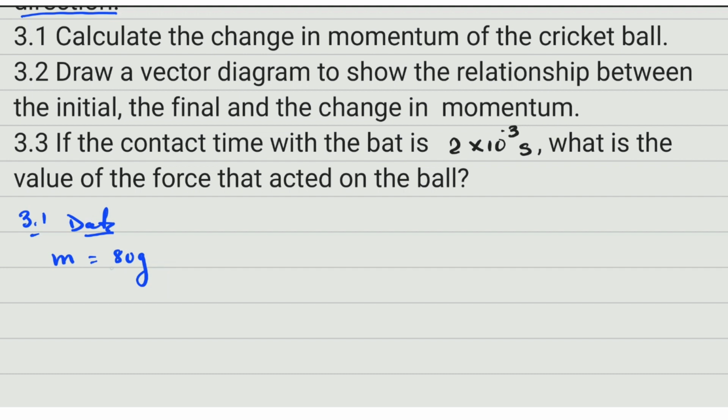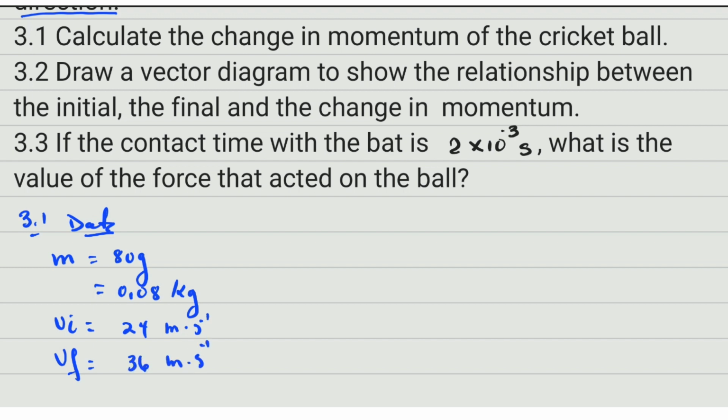Remember, you have to divide by 1,000, so the answer is 0.08 kilograms. Now we have that the initial velocity is equal to 24 meters per second, and the final velocity is equal to 36 meters per second.